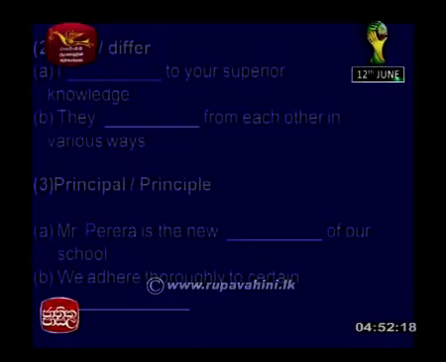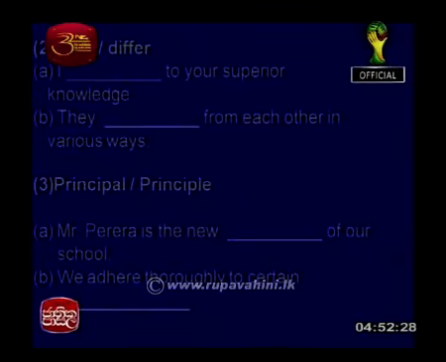Let's move on to the second one. Differ, differ. Again, it's the same pronunciation, but spellings as well as the meanings are different. I differ to your superior knowledge. They differ from each other in various ways.